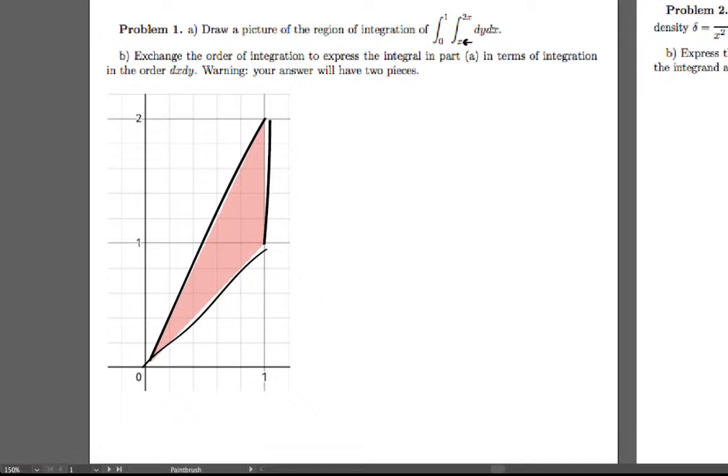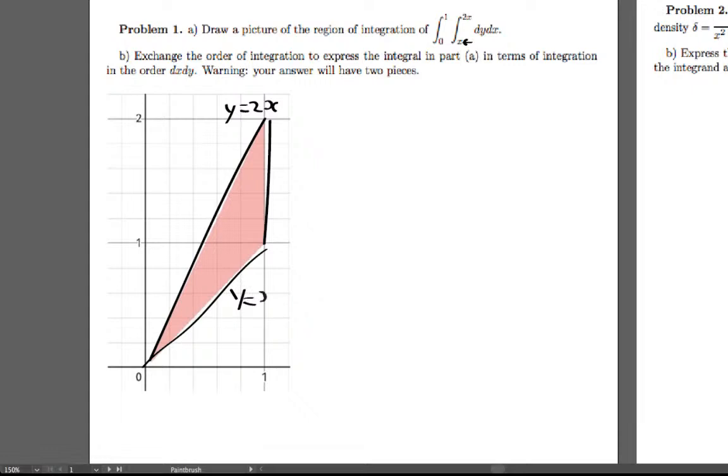Okay, so remember one thing is that you don't need to evaluate this integral. But if you want to, you can just go ahead and do it. Obviously I won't do it.